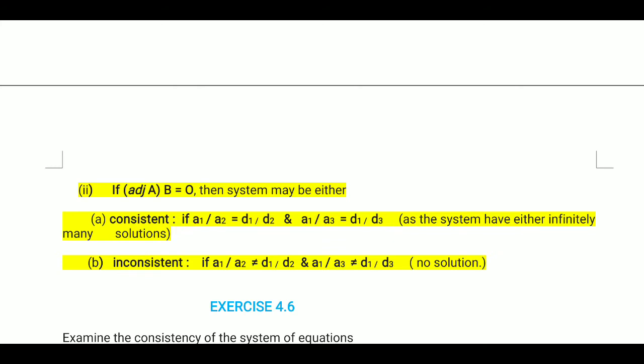If these two results hold, then the system is consistent and has infinitely many solutions.